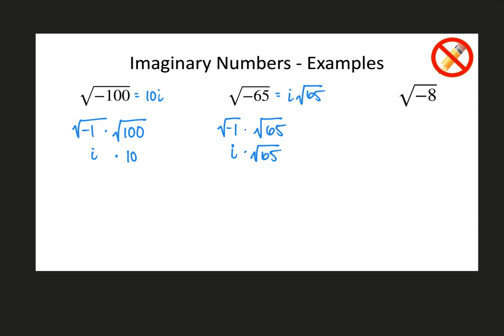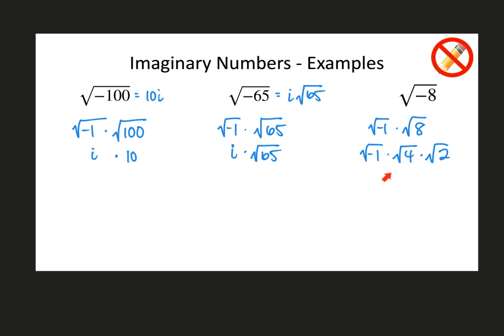And then let's take a look at an example where we have a radical that can be simplified. So I can rewrite this as the square root of negative 1 times the square root of 8. And we can actually rewrite the square root of 8 as the square root of 4 times the square root of 2. Sorry, so the square root of negative 1 times the square root of 4 times the square root of 2.